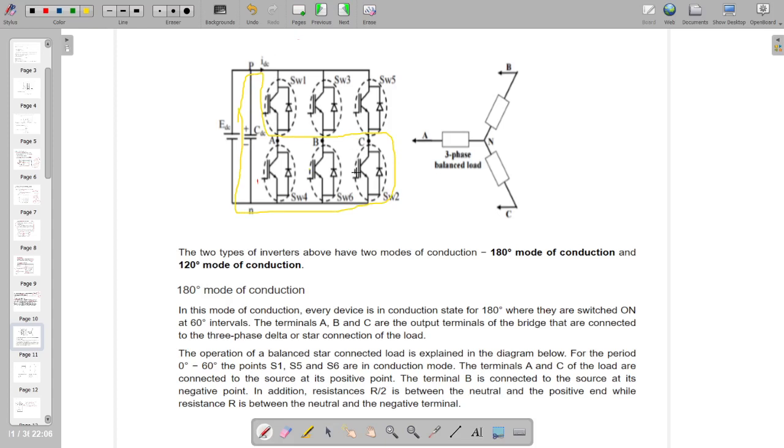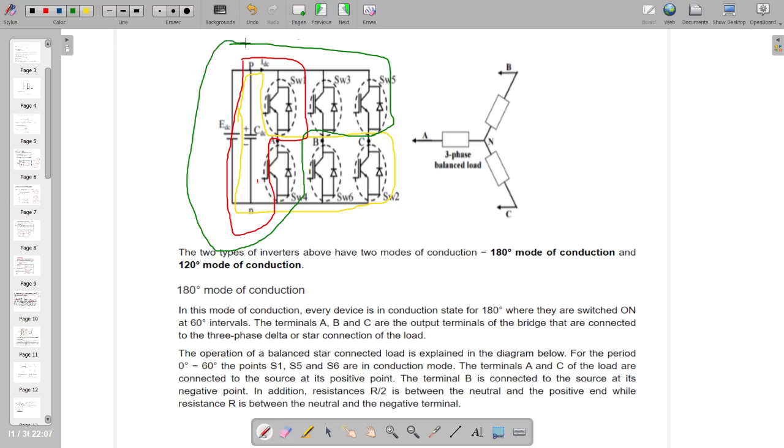This is the current direction. In the second case, S3 and S4 like this. In the third case, S5 and S6 like this.